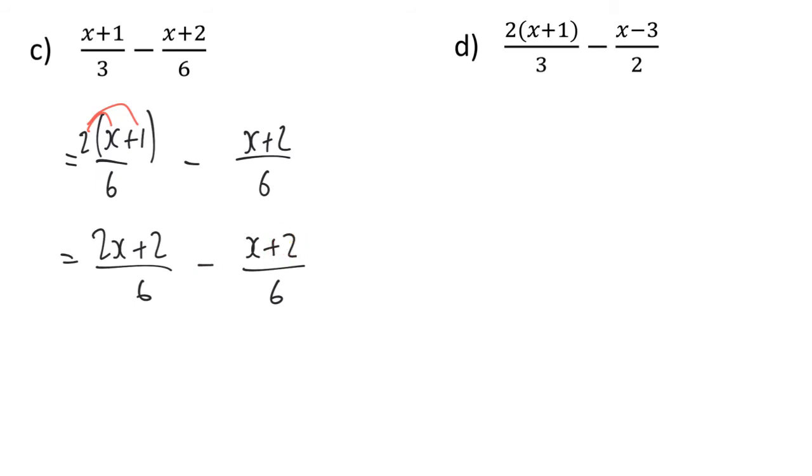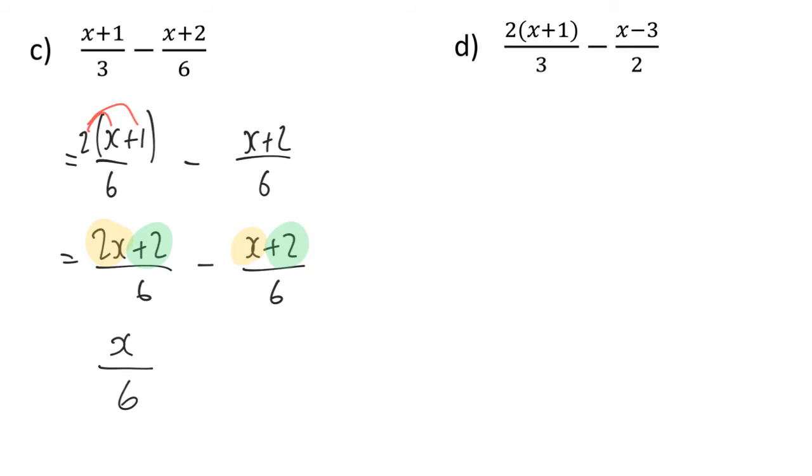So that means we're going to have to consider our rules for negatives. So we're looking at 2x, take away x, and that's going to give us 1x. And then we're also going to be thinking that it's plus 2, take away plus 2 is the same as 2, take away 2, so that's going to be 0. So we're left with just x over 6.